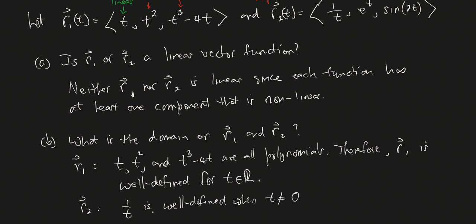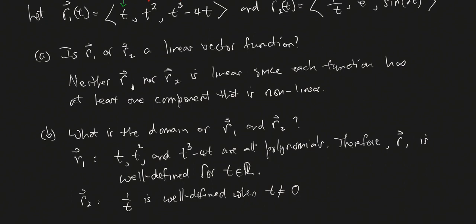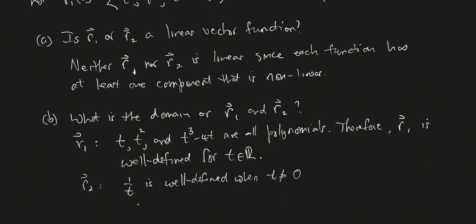So for all values of t not equal to 0, the first component of R2 is well defined. Well, what about e to the t? E to the t is well defined for all values of t, right? The domain of your basic exponential functions is all real numbers.